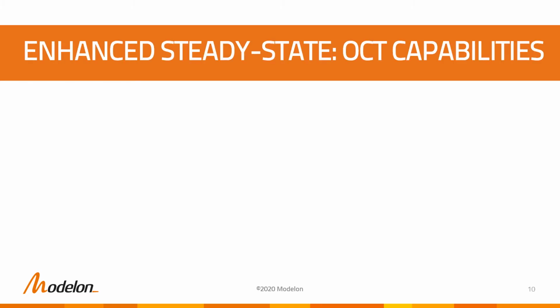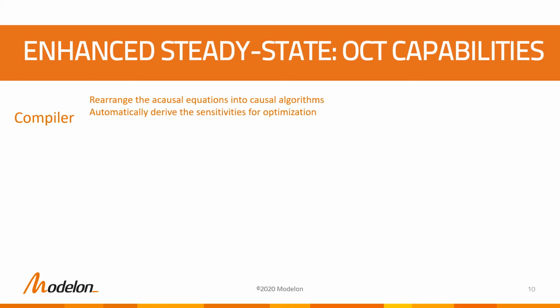First, we will introduce the dedicated capabilities of the Optimica Compiler Toolkit. Modelon's compiler is able to rearrange the acausal equations of a Modelica model into causal algorithm suitable for numerical simulations. It is also able to automatically derive the sensitivities relevant for solving optimization problems.